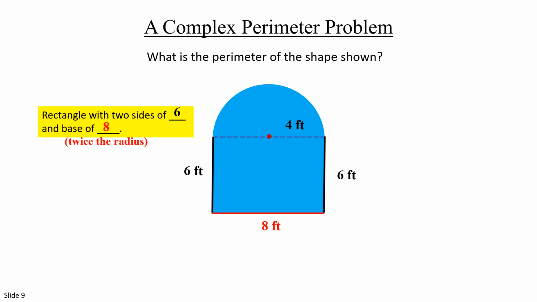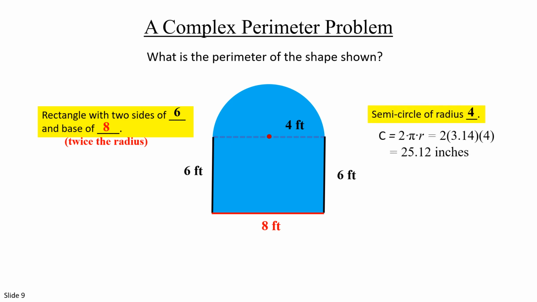Okay. So now we need to find the circumference of the semicircle. Well, the radius is 4, so that 25.12 would be the entire circle, all the way around.